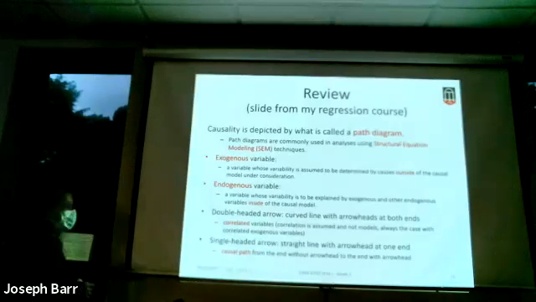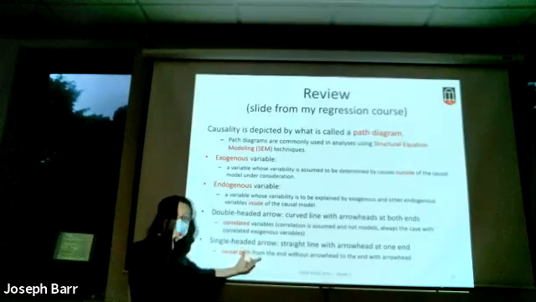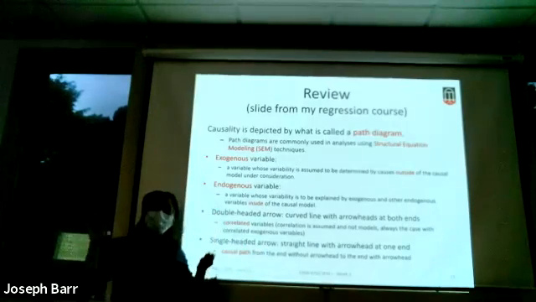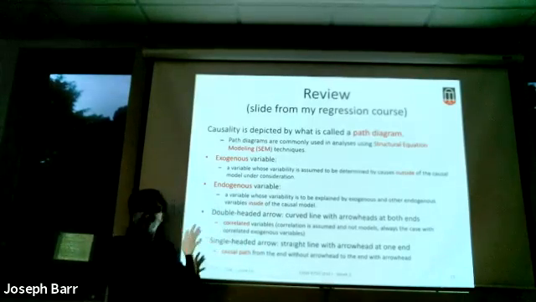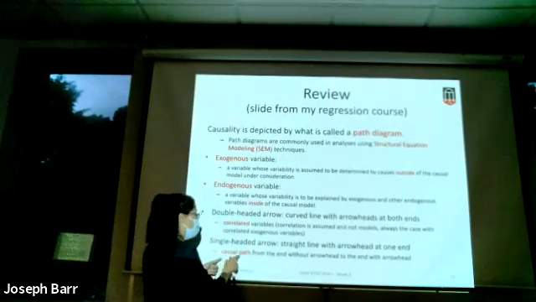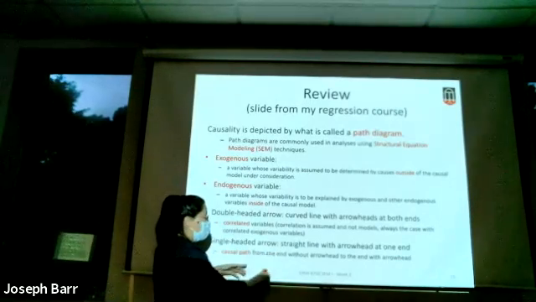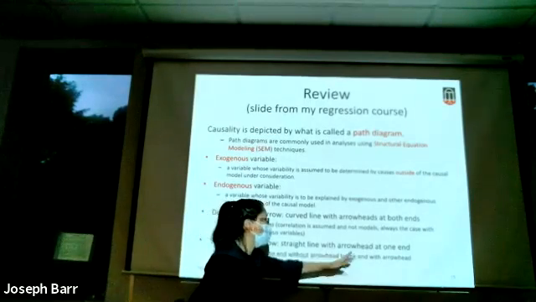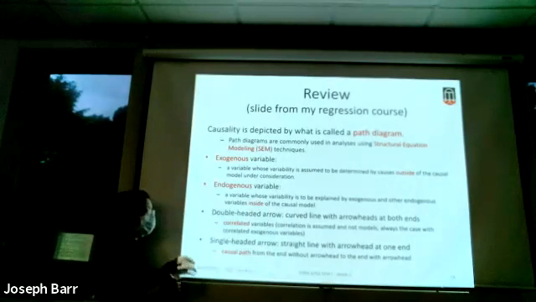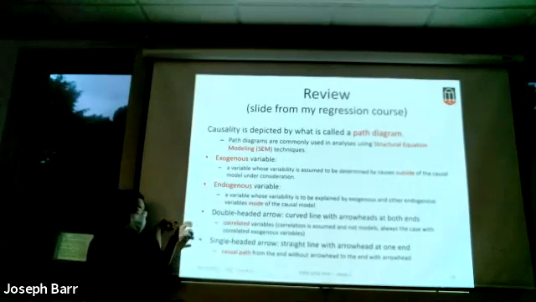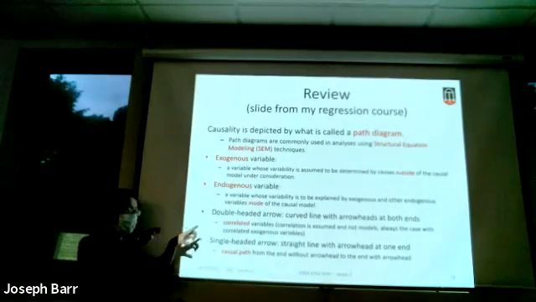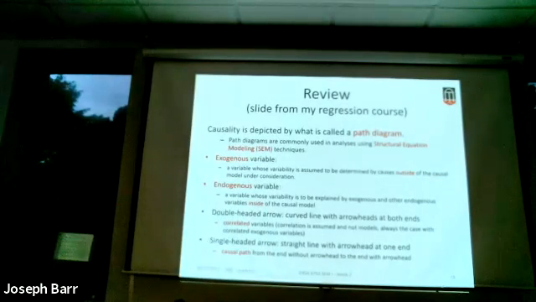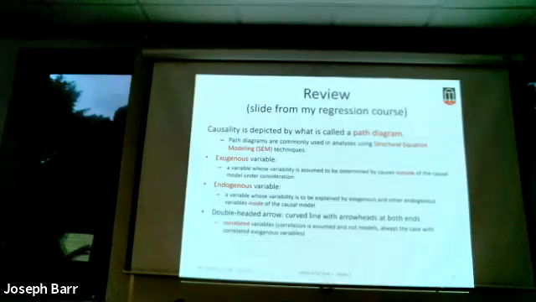I also use a single-headed arrow to clearly show the flow of cause and effect. So a causal path goes from the end without the arrowhead to the end with the arrowhead. So from A to B, you use a single-headed arrow. That means A causes B. There's a clear path.